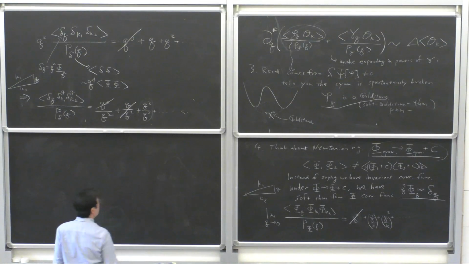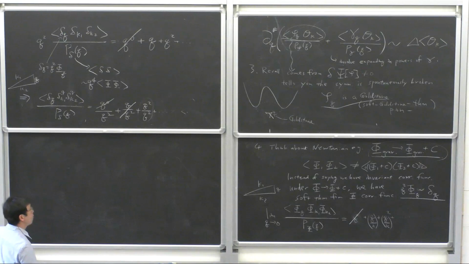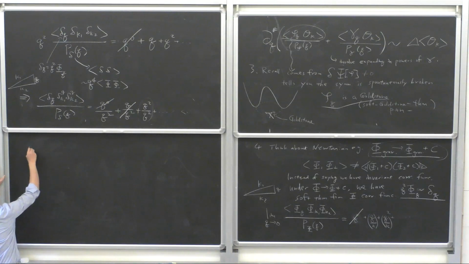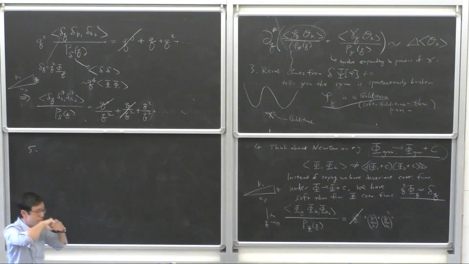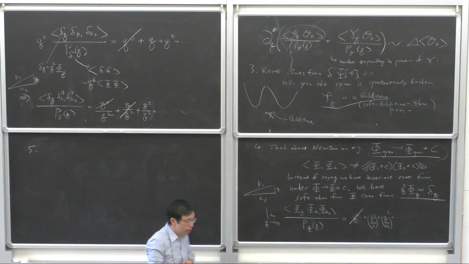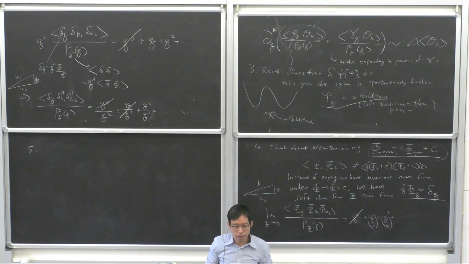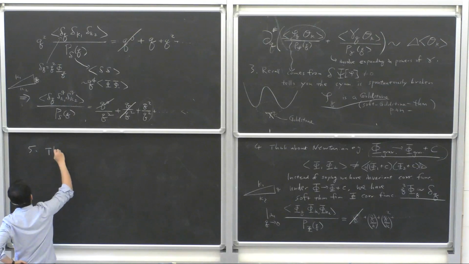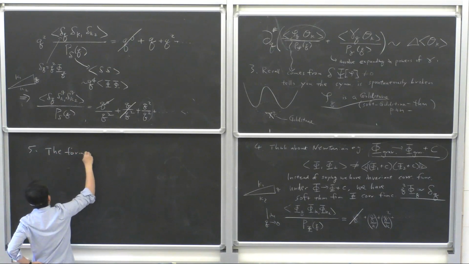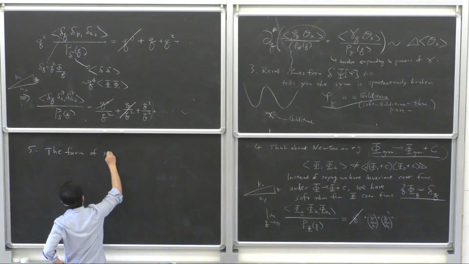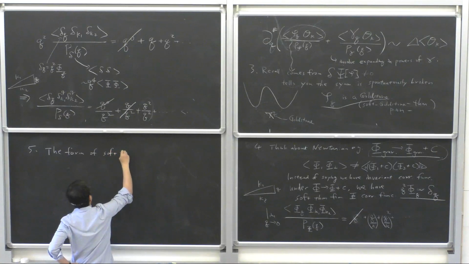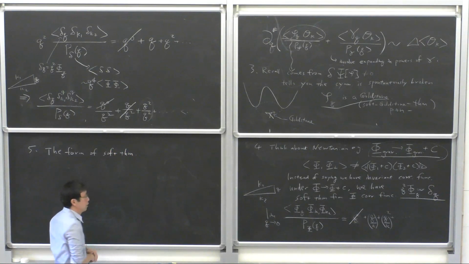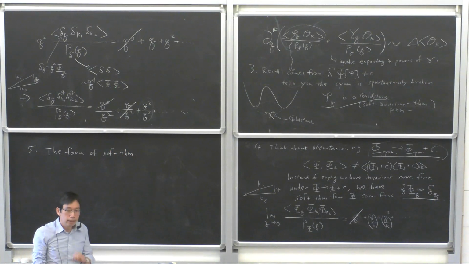So this is my comment. I think I've made many comments. Maybe comment number 5. My comment number 5 is this. The form of the soft theorem actually is model dependent.